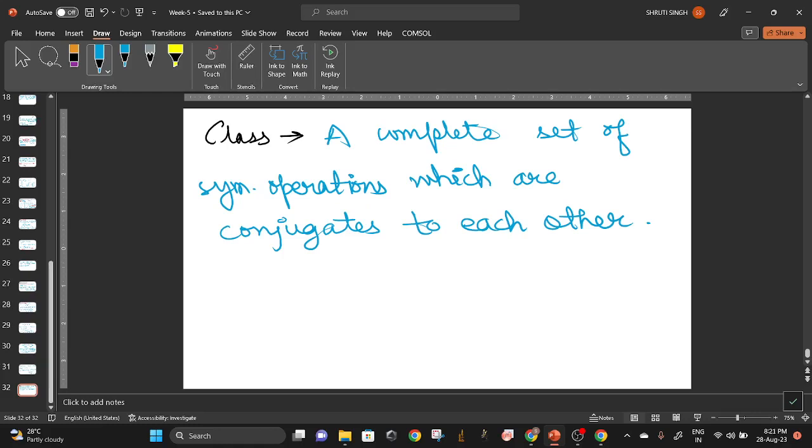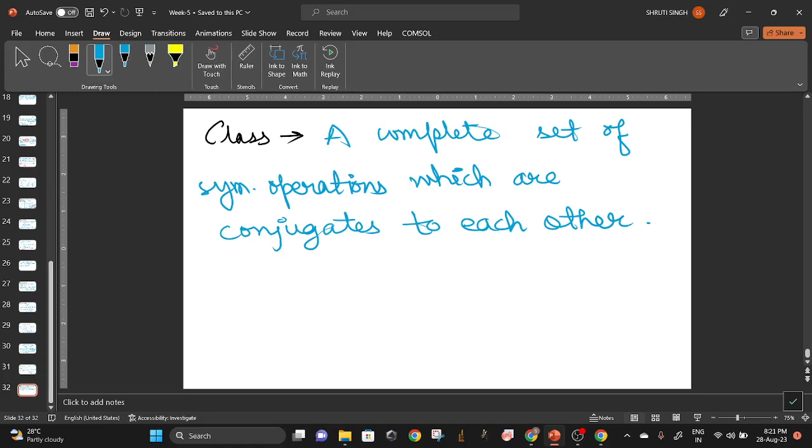Okay, and in the last session, the last question was to find the different classes of the G6 group in the group multiplication table. In that we did, there were three classes.